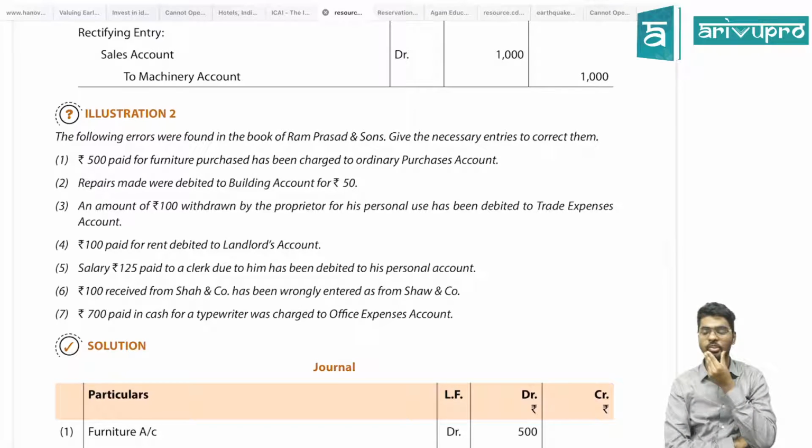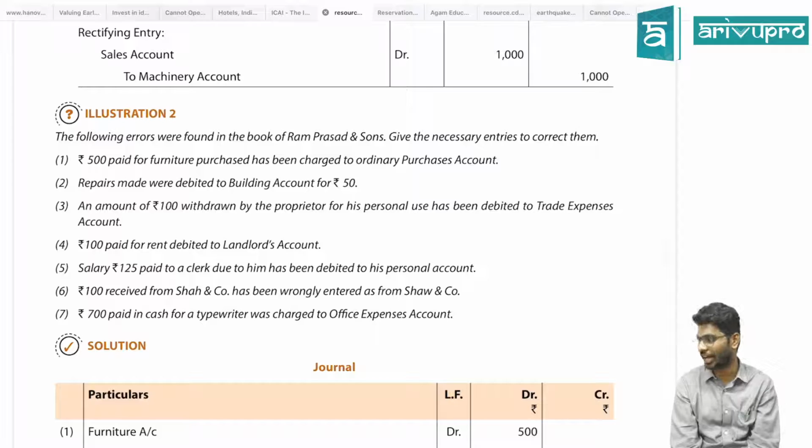Okay, try the next two things, 6th and 7th. Which one? 5th one? Yes. Do 6th and 7th. Correct entry is what?